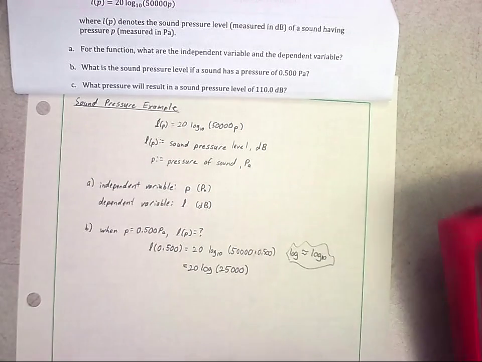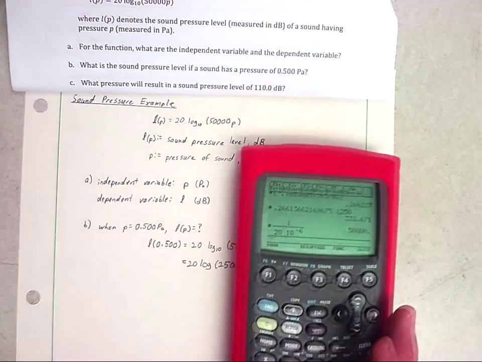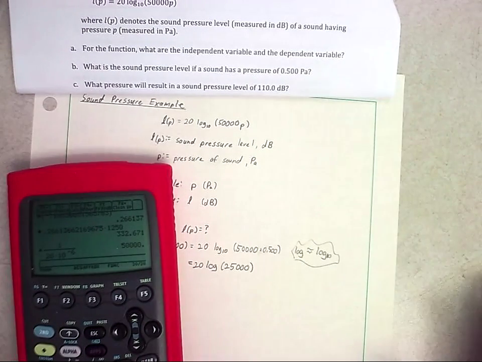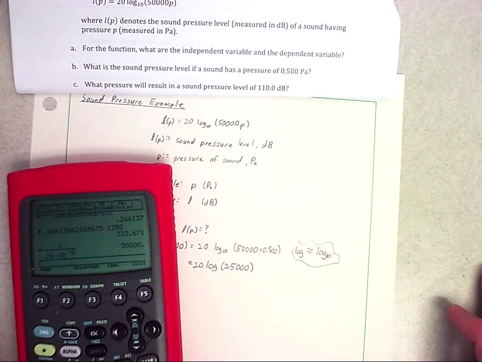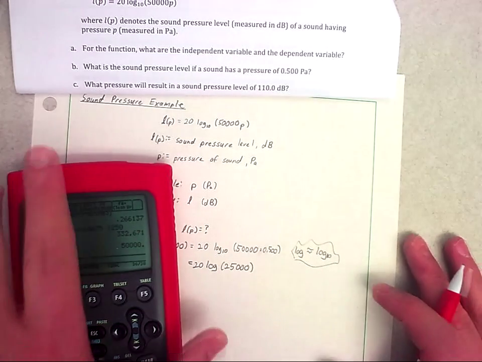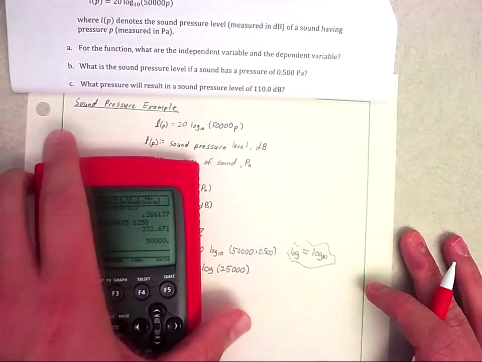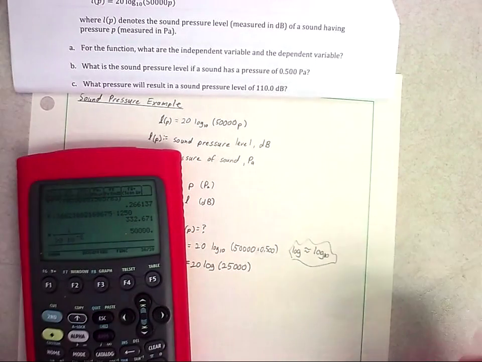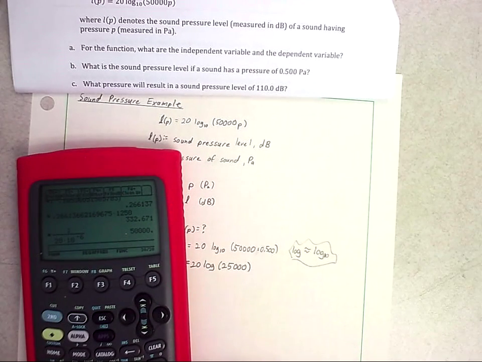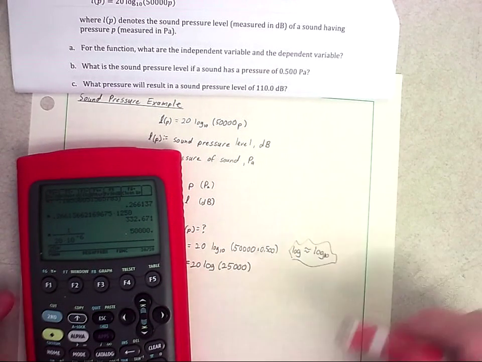Okay, so how do I put this in my calculator? That's a little bit tricky. Some of you may have log buttons directly on the face of your calculator. Mine, at least, I don't see it. I could try to do it with a natural log and do some conversions, but that would be much more difficult. I'm going to just find that function in here. So I'm going to start with 20 times, and now I need the log function.